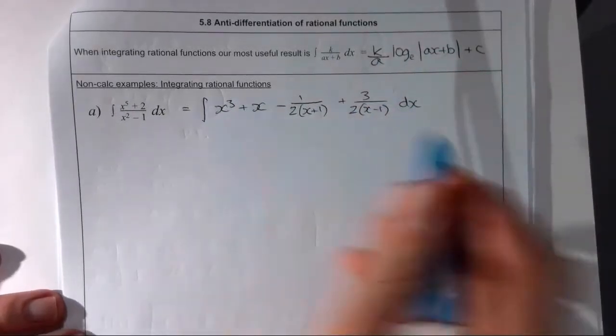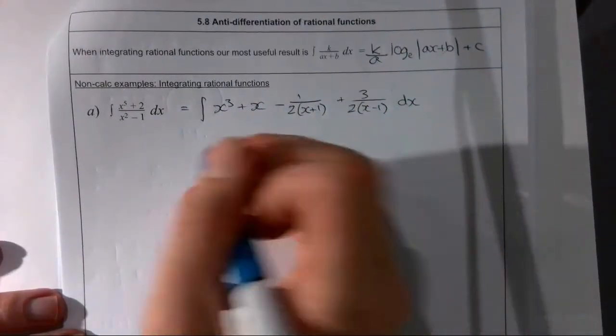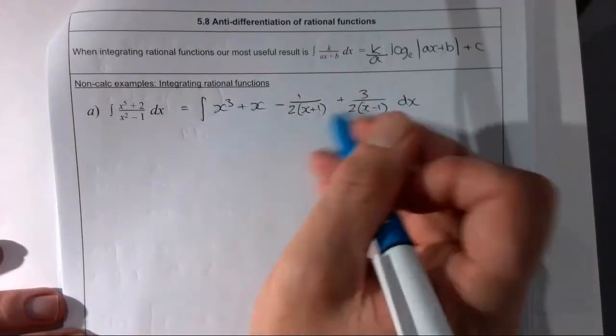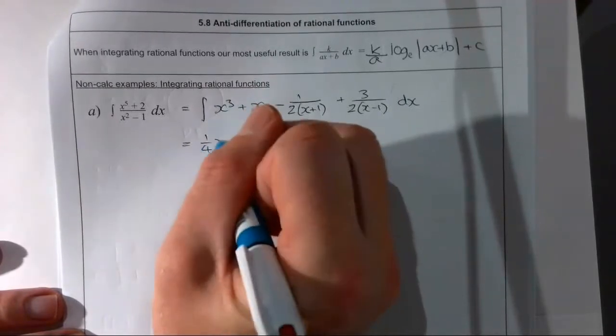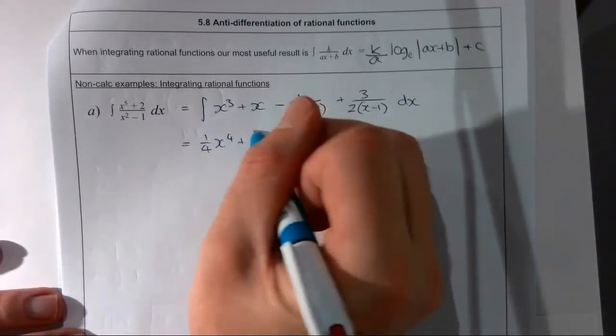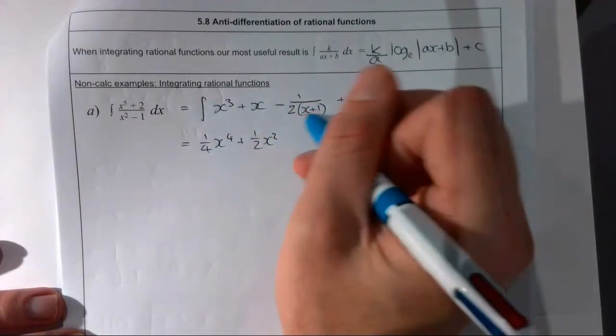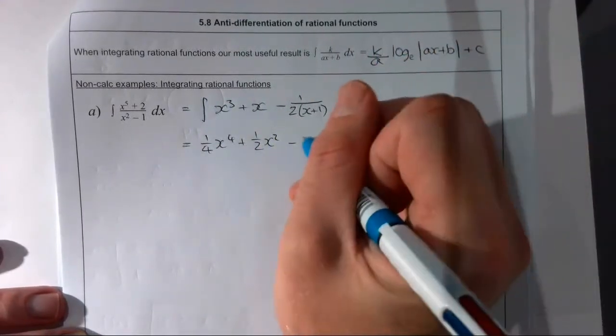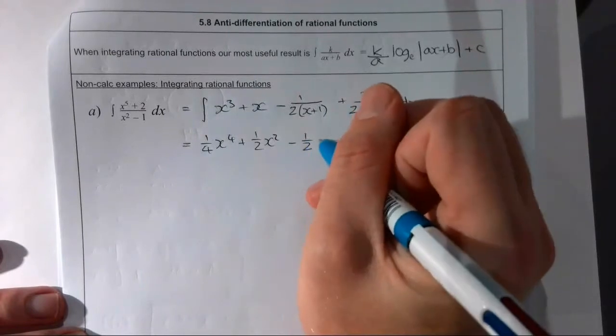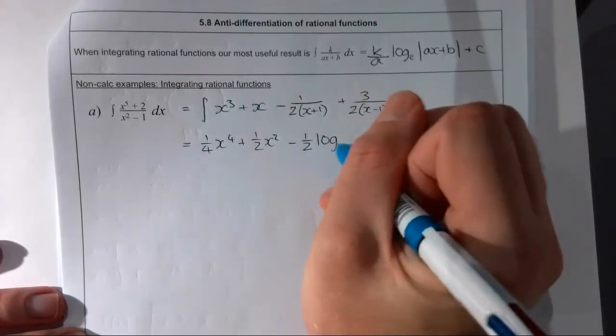That's what we did yesterday. If you're not sure about that, look back at it. And then we integrate this term by term. So x cubed gives a quarter x to the power 4, x gives a half x squared, and then these, using the result above, are just going to give us our logs.